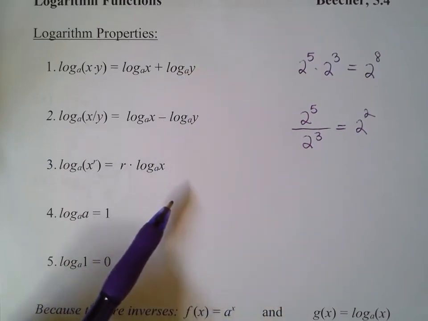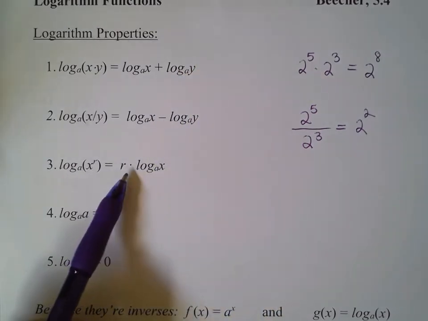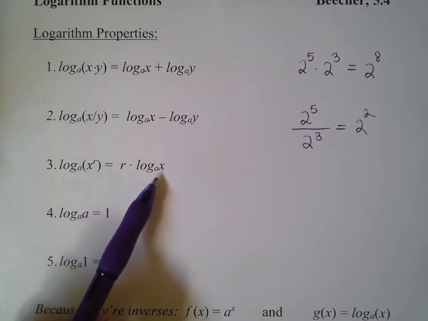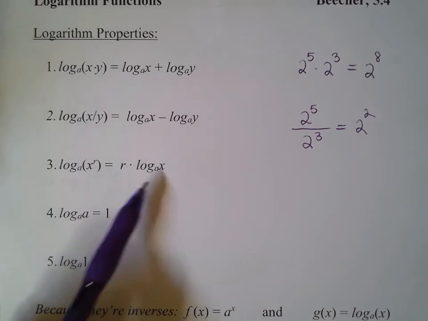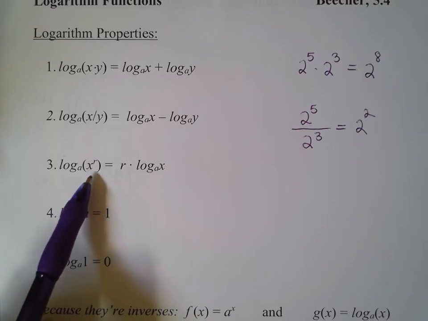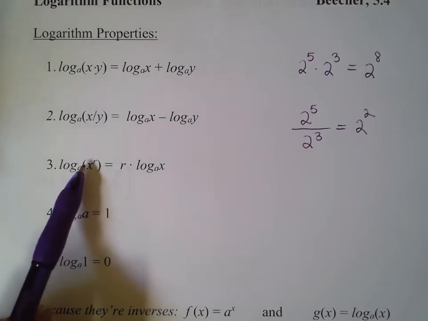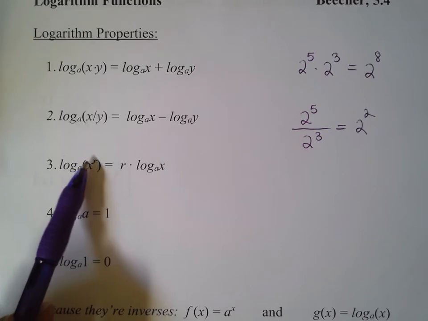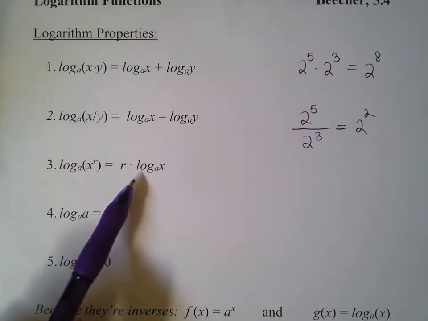So I could write them individually, or I could say I have r of them, r times the log base a of x. That's the idea behind this property. If I have an exponent applied to everything in my logarithm, then I can bring that exponent out to the front as a multiplier, which is what we see here.